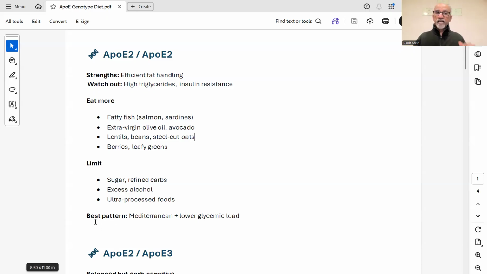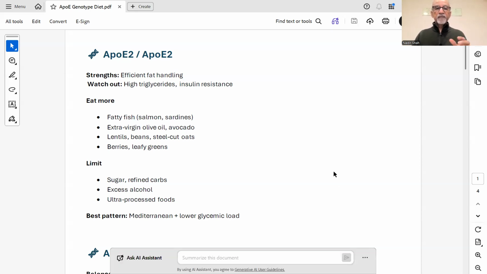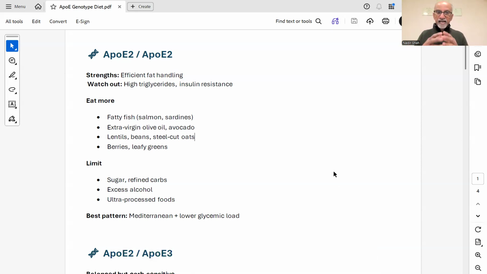Best pattern, what diet pattern? Best patterns are probably here in this case, Mediterranean diet plus low glycemic load. What is a low glycemic load? You may have heard low glycemic index. GI, glycemic index, is a sugar content in the diet, but glycemic load takes 2 things into perspective. One is sugar content, how much glucose is there, plus how much carb is there.